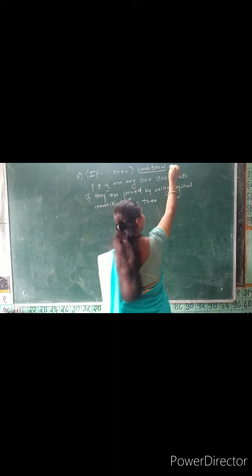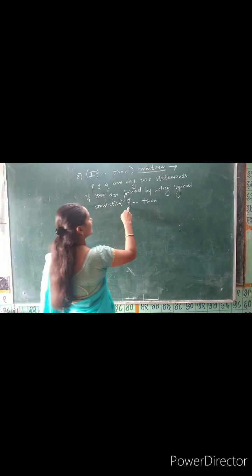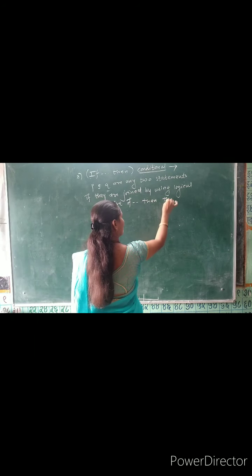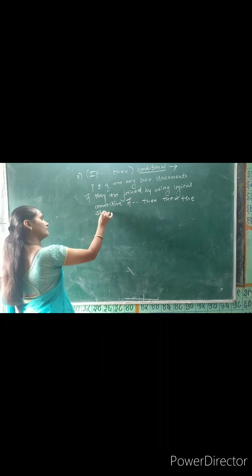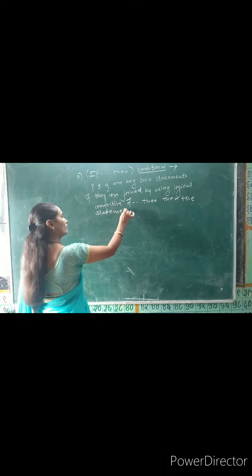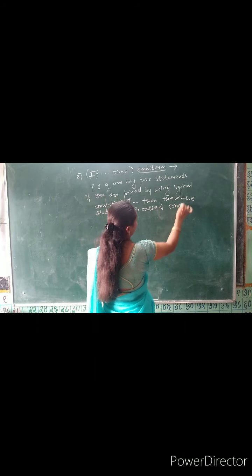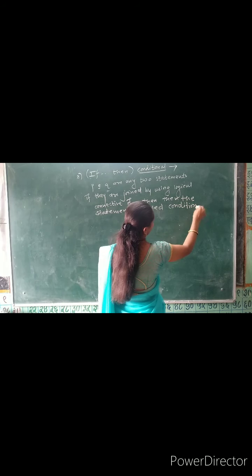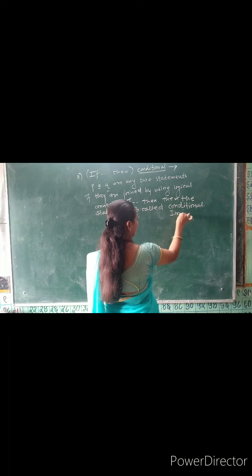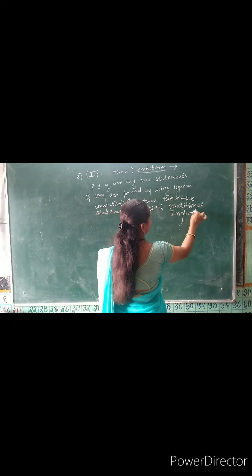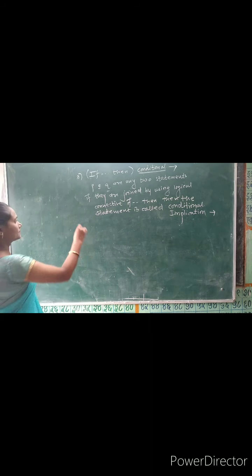It is denoted by a single one-sided arrow. If P and Q are joined by the logical connective if then, the statement is called conditional, or it is also called implication, and denoted by a one-sided arrow.